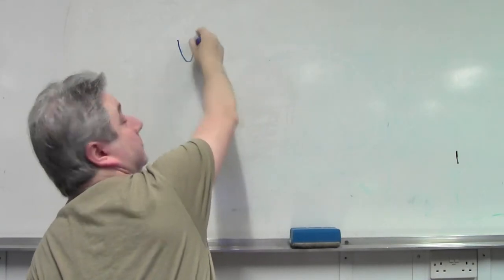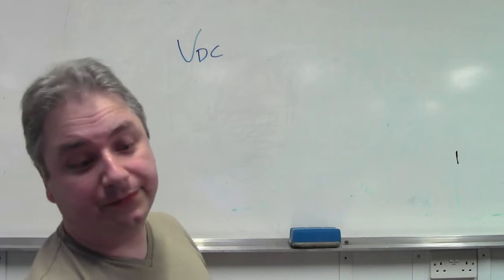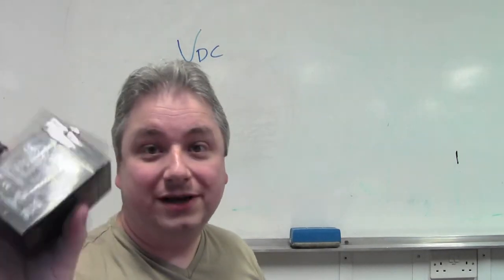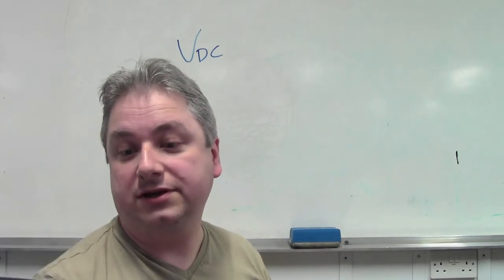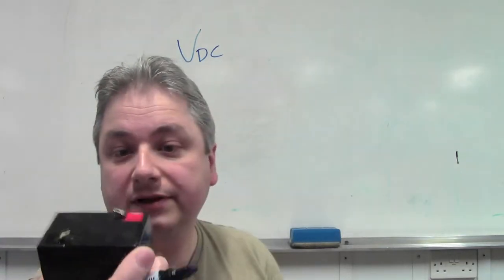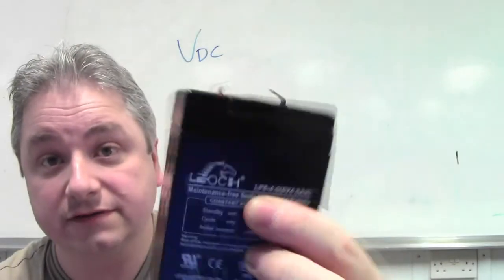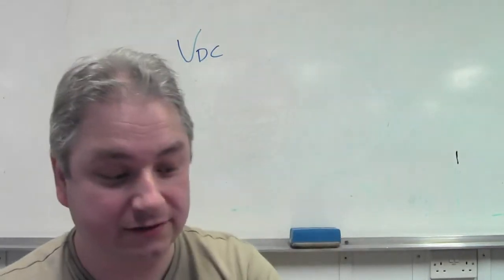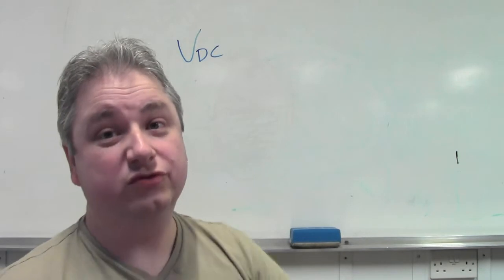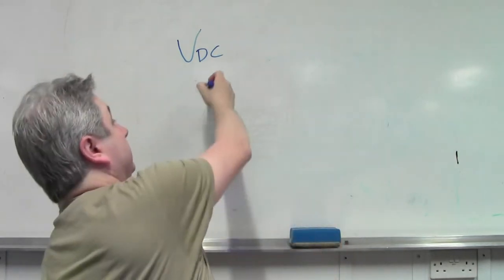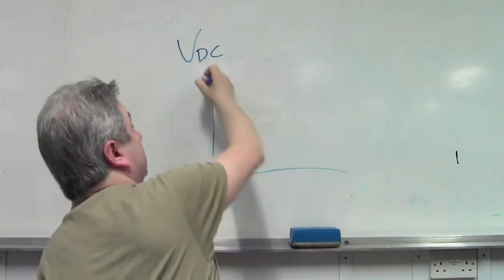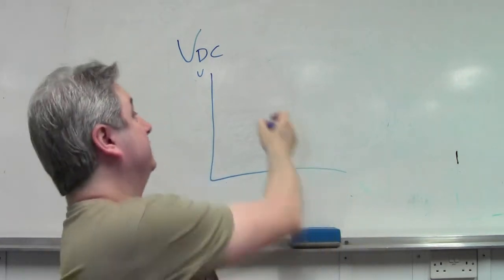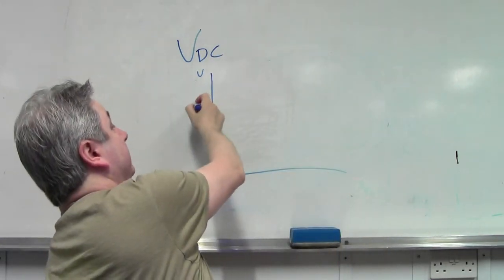DC volts. What I mean by DC volts is stuff that you get out of the battery. If this is, what's this, a 6 volt battery, it says it up here, 6 volts. This is a constant value of 6 volts. So if we draw a graph of this, that's the D up there, 6 volts is here.